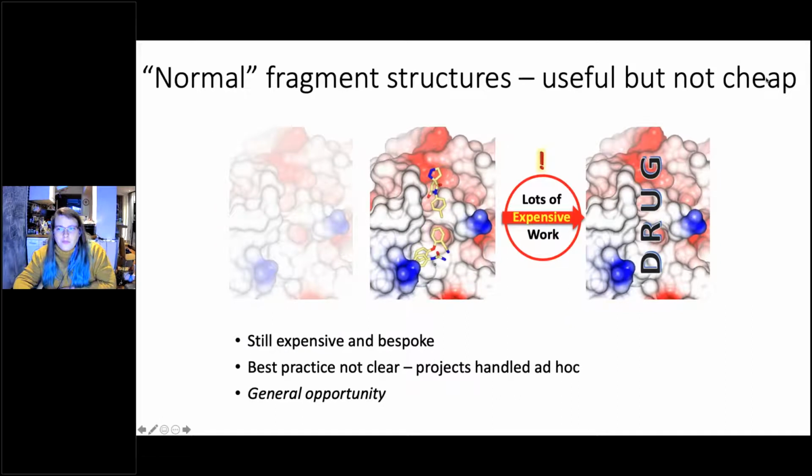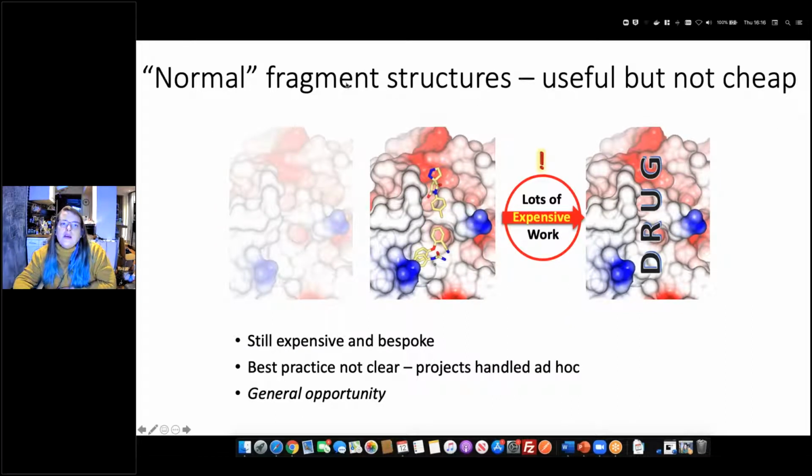So moving onwards, normal fragment structures, so the things that come out of this experiment, they're useful, but they're not cheap. Developing them is still expensive, when you're elaborating them, and it's quite bespoke. The best practice for this is not clear, and each target project is sort of handled ad hoc from XChem.